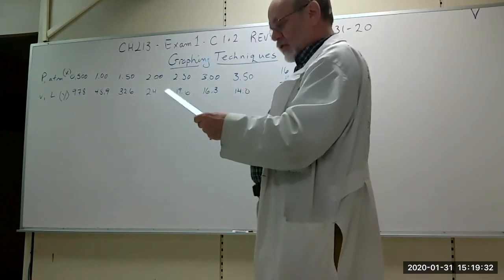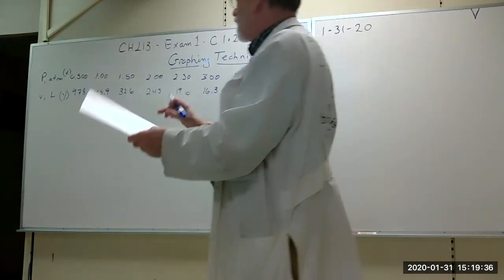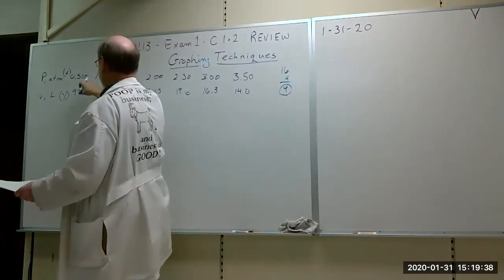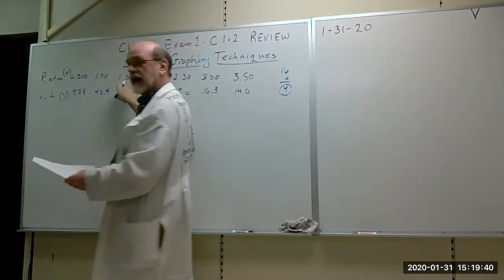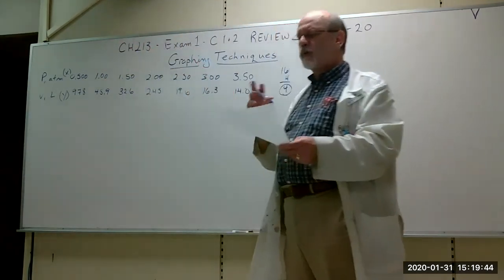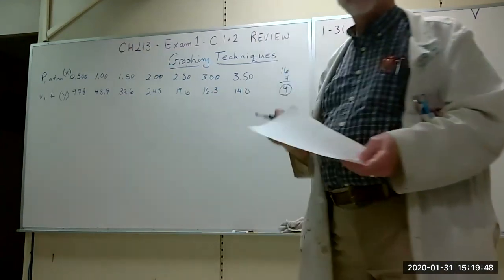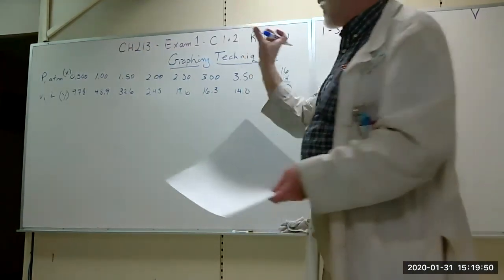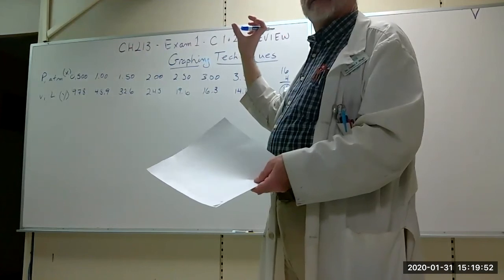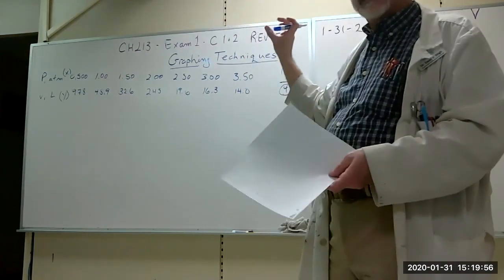So then if you go only 2 squares, go halfway in between 0 and 1, there's your half. Halfway between 1 and 2, there's your 1.5. Okay? So we have 4 big squares, and then we're going to have how many little squares between the majors? 20. 5 for each. 5 times 4 is 20.